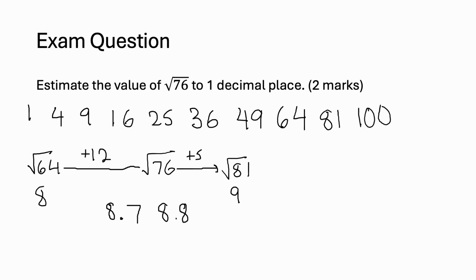Essentially it's just estimating, figuring out which side it's closer to in terms of which of the square numbers, and then from there we provide a sensible and appropriate estimate. So if you said 8.7 or 8.8, that would be correct.